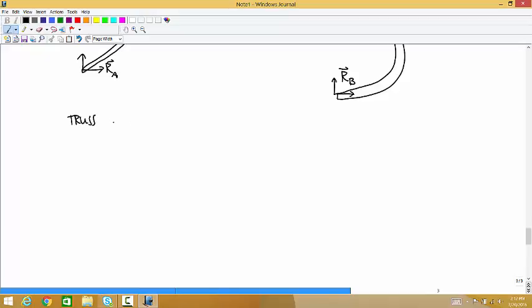If you isolate the pins, this is 6 equations, 6 variables.